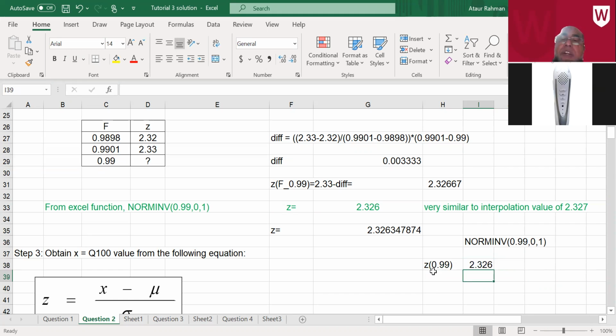The Z value from the Excel function is 2.326, and from interpolation we got very close to that as well.